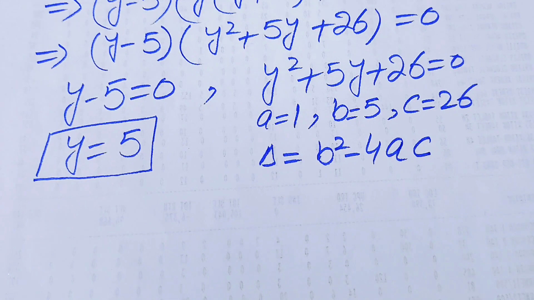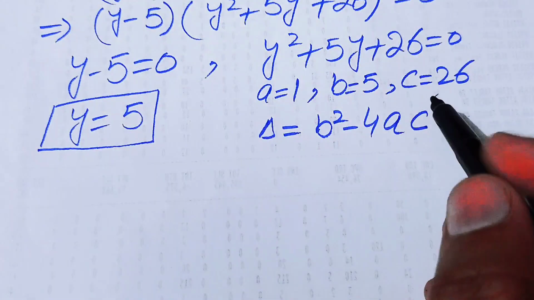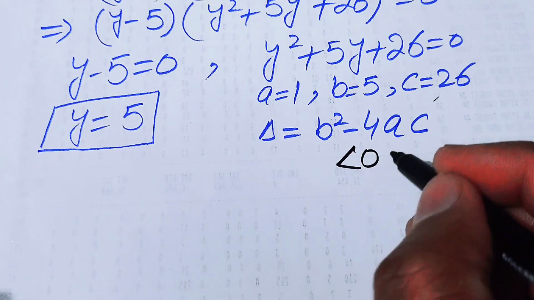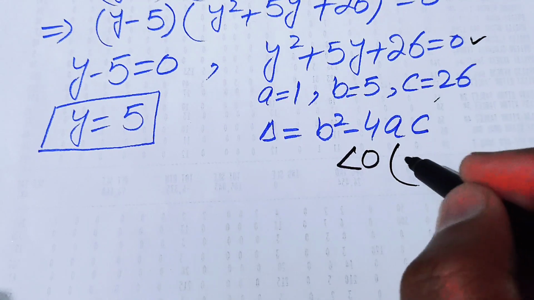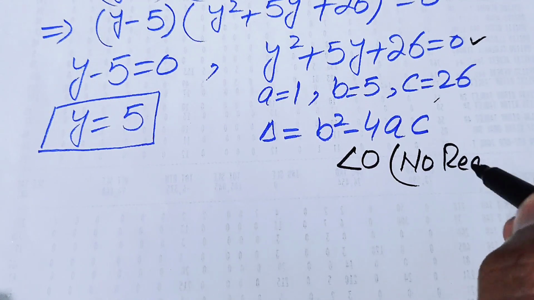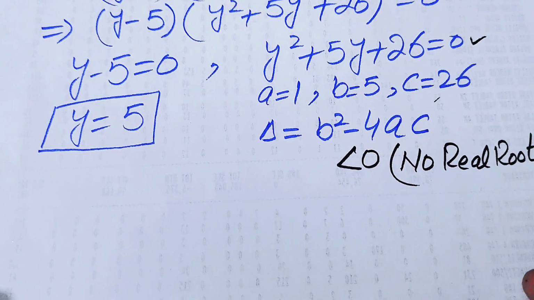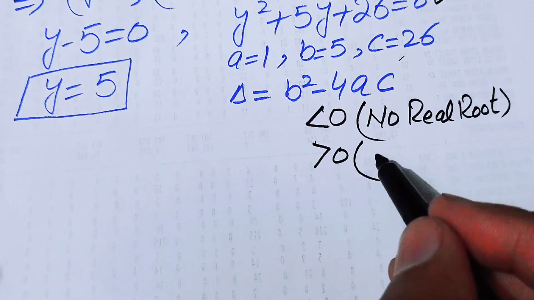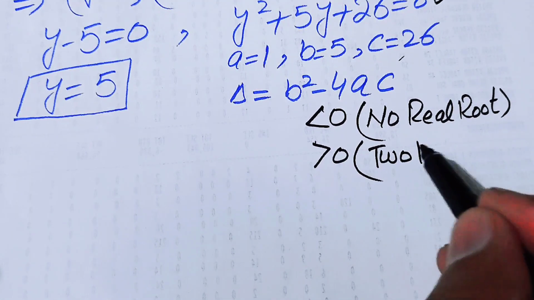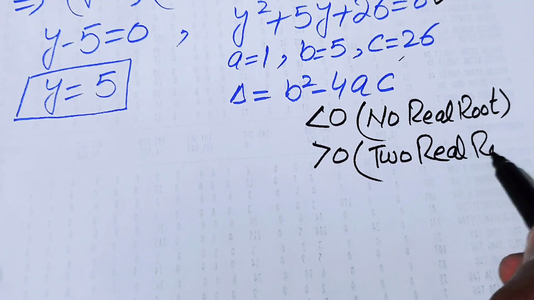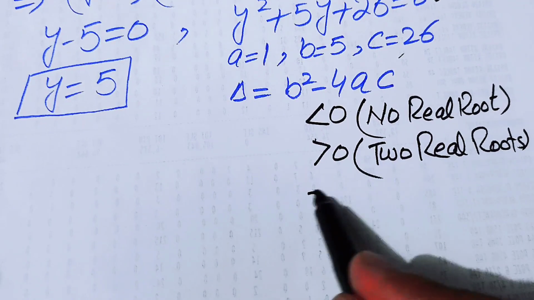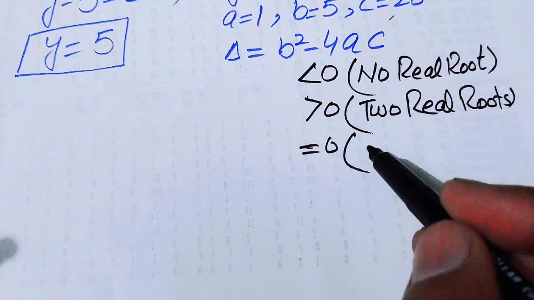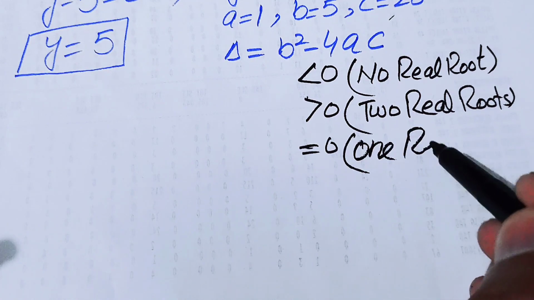If this delta is less than 0, then we say that this quadratic equation has no real root. If delta is greater than 0, then the given quadratic equation has two real roots. If it is equal to 0, then this quadratic equation has one real root.